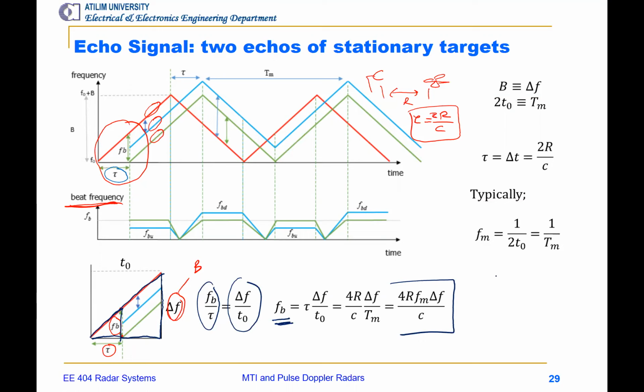So here, two parameters are critical: FM and delta F. FM is simply the inverse of the modulating signal duration, and delta F is the bandwidth of the transmitted signal. Okay, here we go.